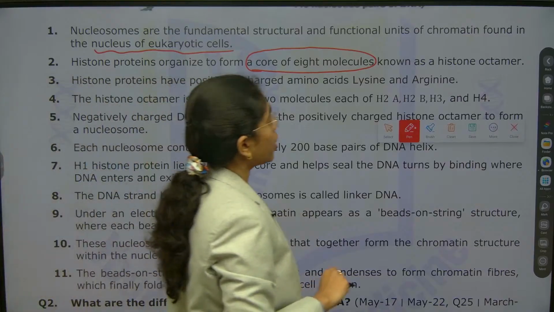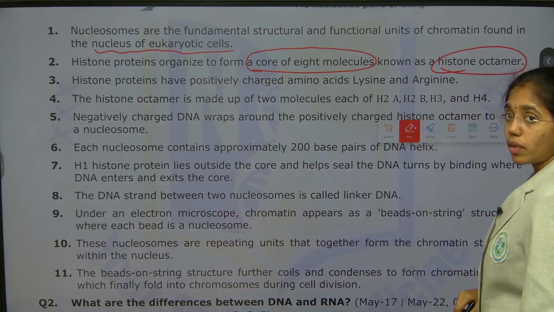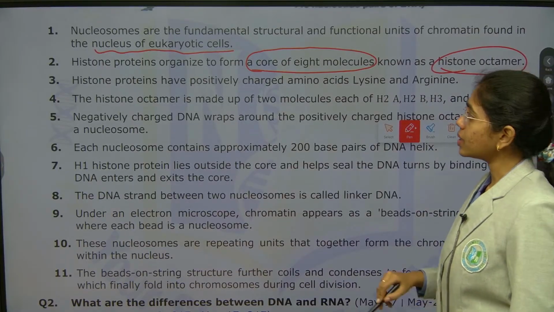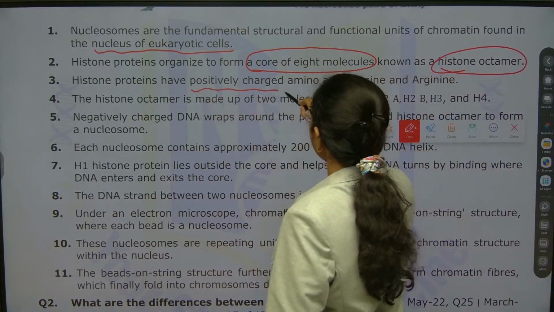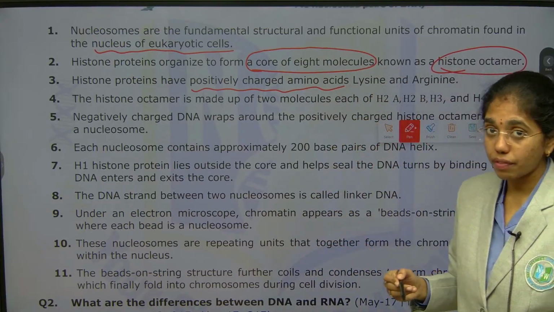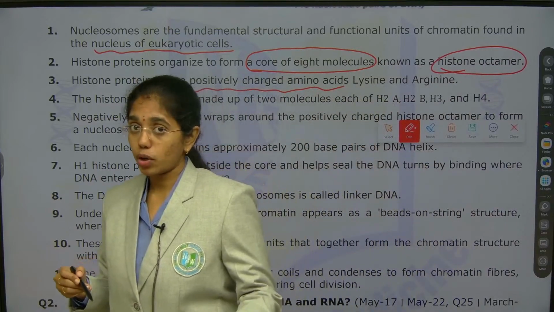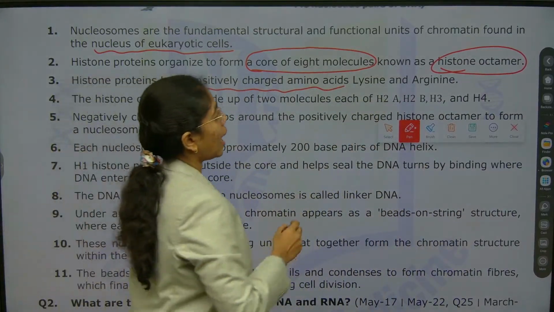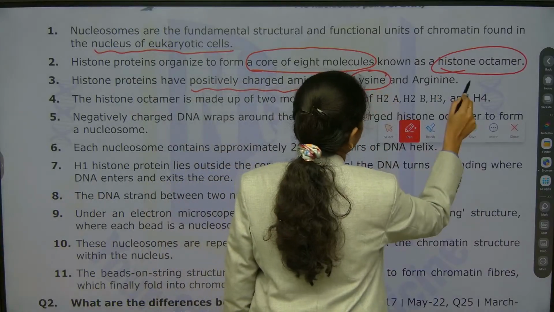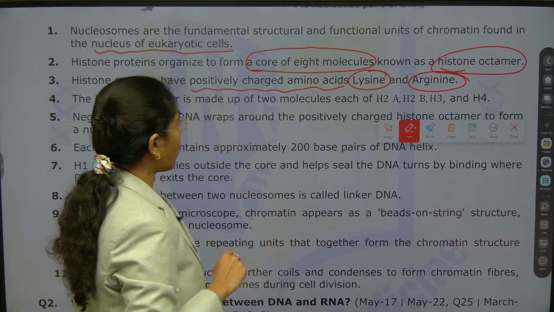These 8 molecules are known as the histone octamer. Histone proteins are positively charged because they consist of positively charged amino acids, which are lysine and arginine.